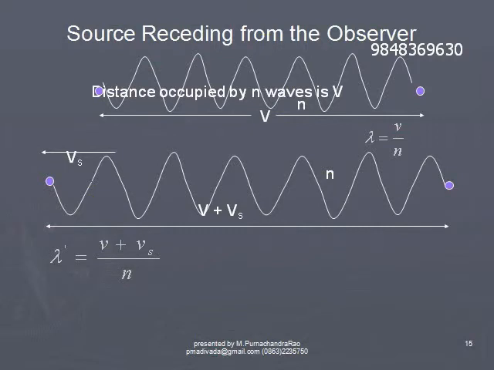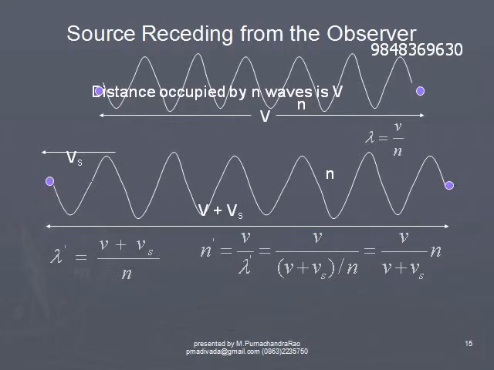The number of waves emitted in 1 second is only n. So these n waves will spread over the distance V plus Vs. So the wavelength lambda prime will be equal to V plus Vs by n.